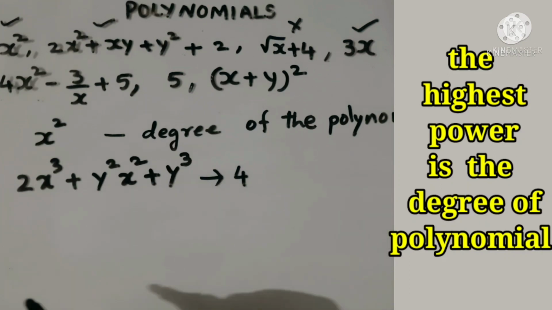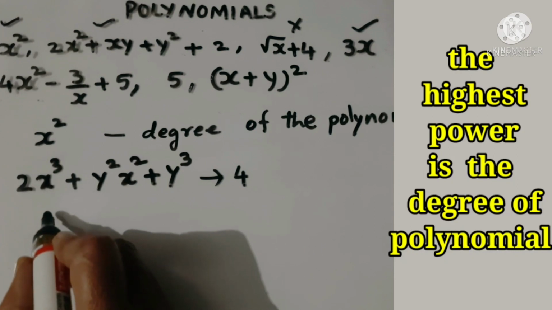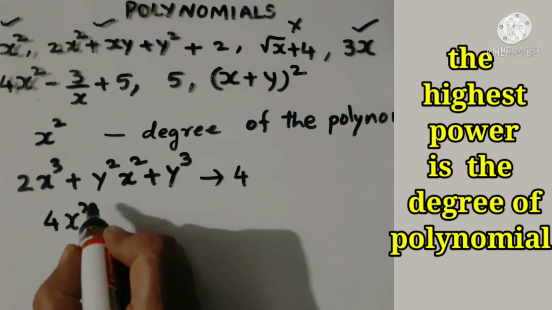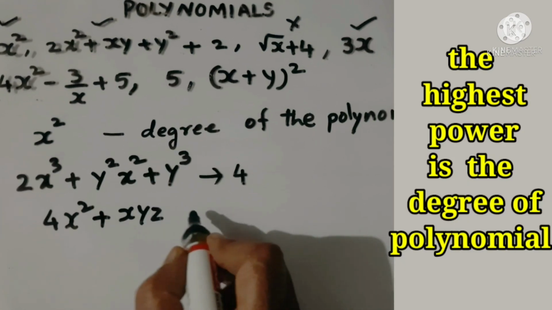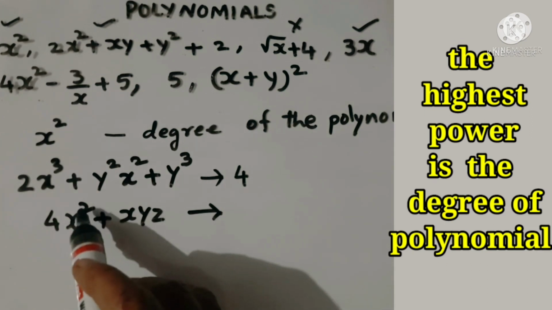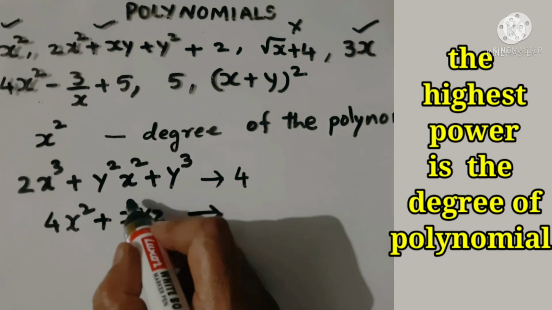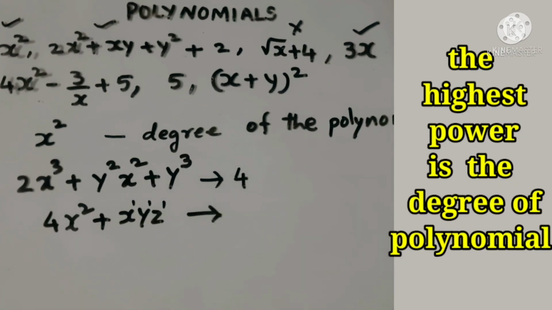So what is the degree of this polynomial? I will write another one. 4x square plus xyz. What is the degree of this polynomial? Here x has the power 2, and in the second term x has 1, y has 1 and z has 1, as 3 variables are there.